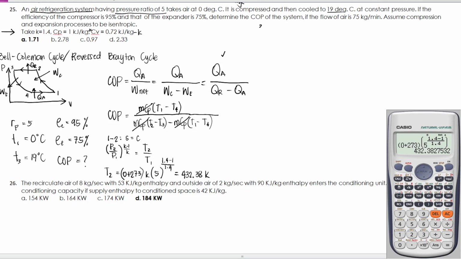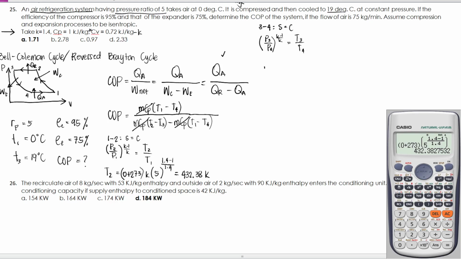Makuha naman natin siya from process 3 to 4 na isentropic process pa din. Okay? And using the same principle, relation pa rin ang pressure and temperature. That will be P3 over P4 raised to K minus 1 over K na equal sa T3 over T4. Ayan.